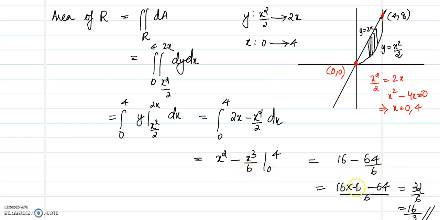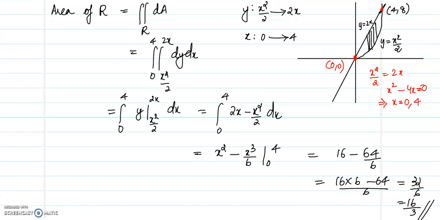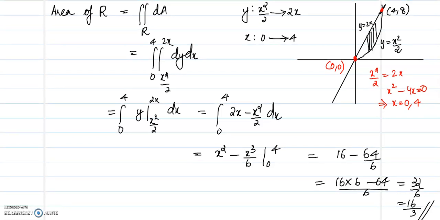So we'll get 96 minus 64 by 6, that is 32 by 6. So the value is going to be 16 by 3. Therefore the area of the region will be equal to 16 by 3.